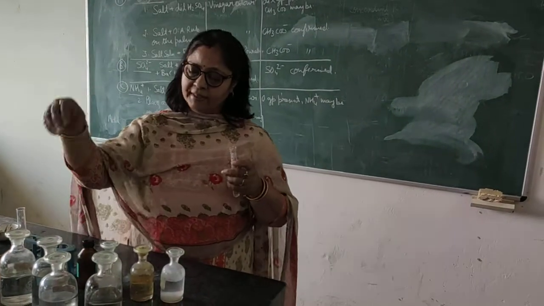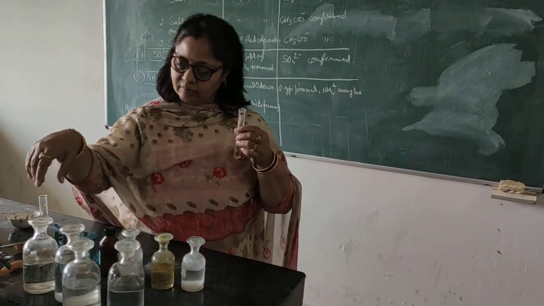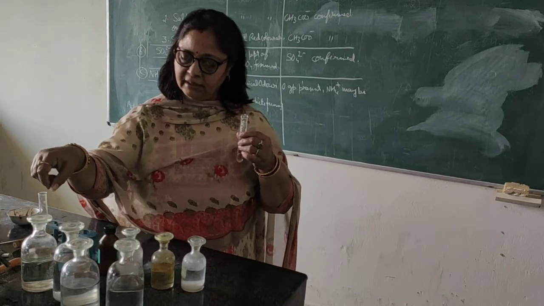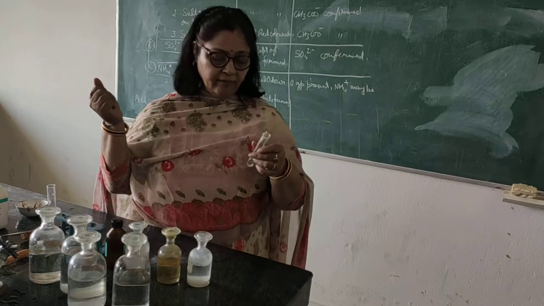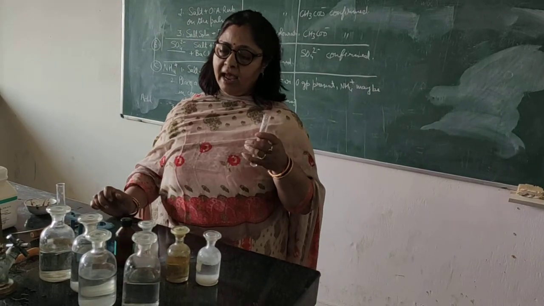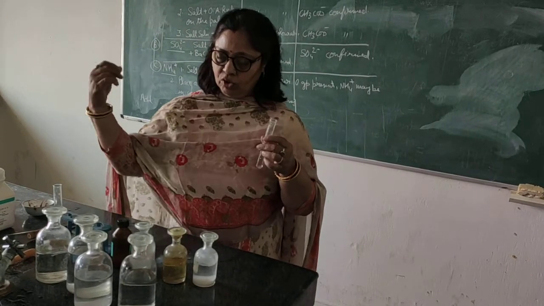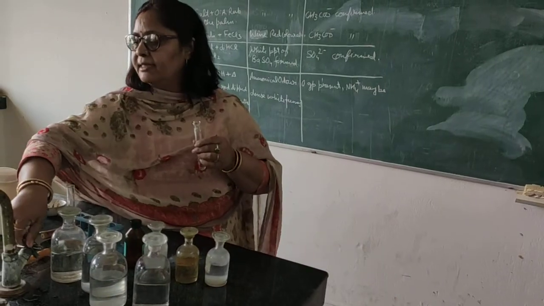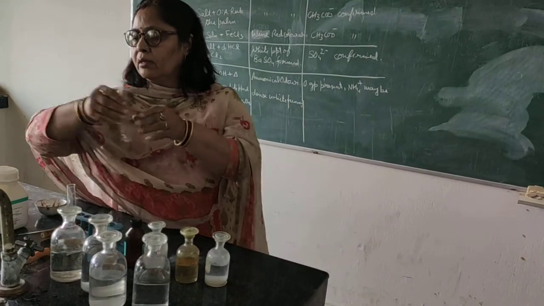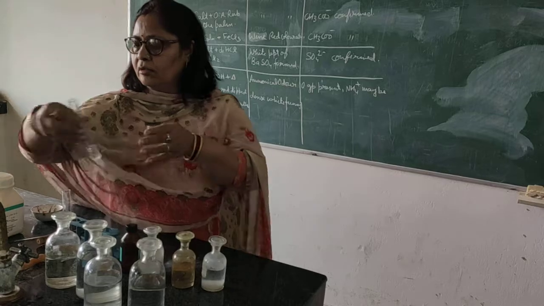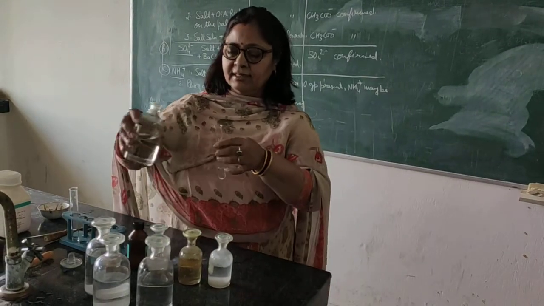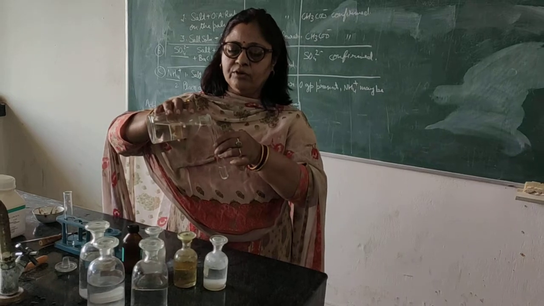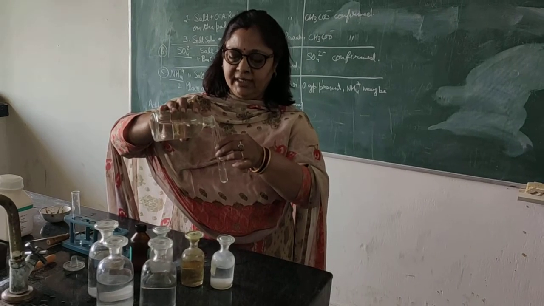Now we take this salt and add dilute HCl and BaCl2. As the HCl is concentrated, first we add some amount of water to make it dilute HCl.